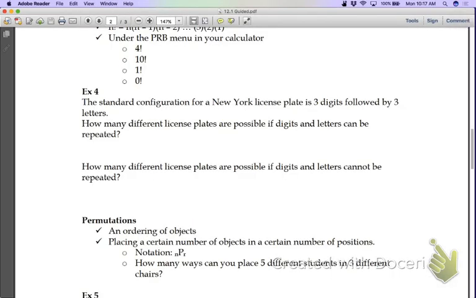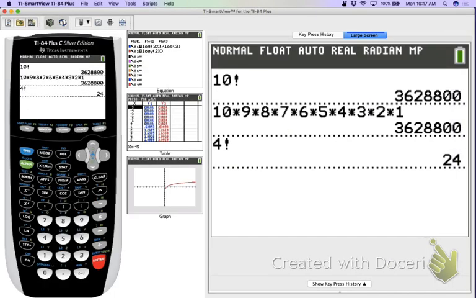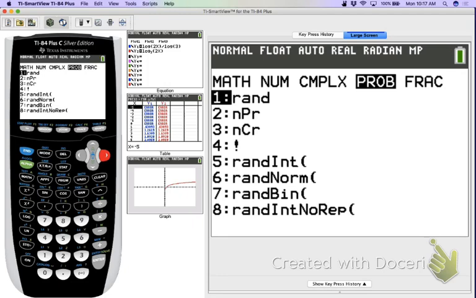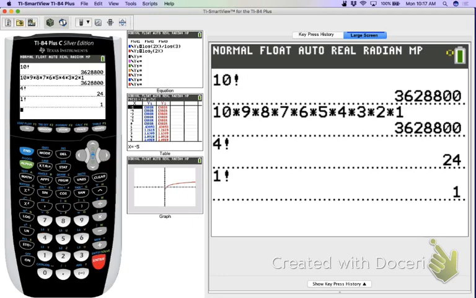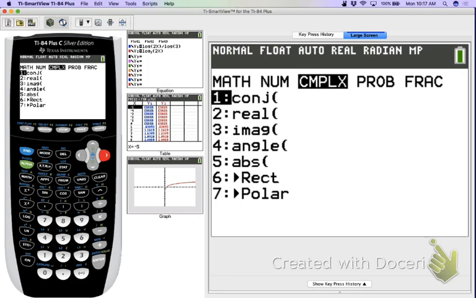Two others: notice that if I have 1 factorial, I'm going to start at 1 and end at 1, and I'm going to have 1. Whereas with 0, what do you think is going to happen?